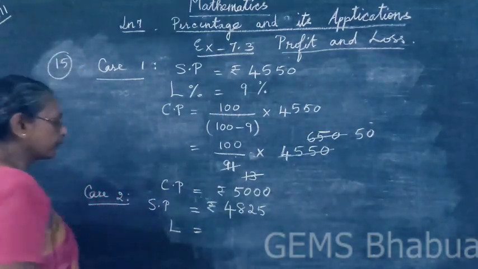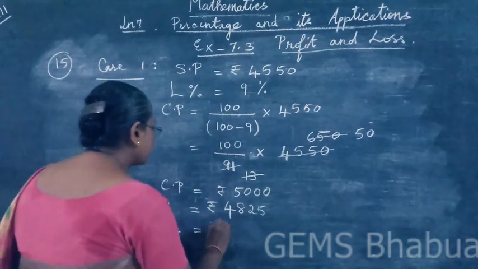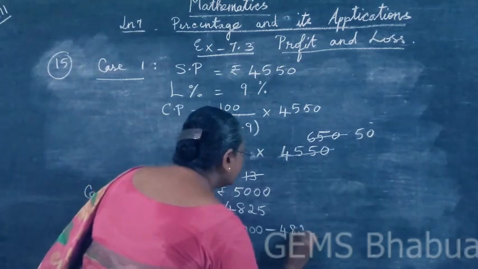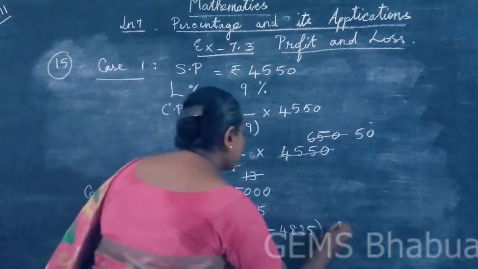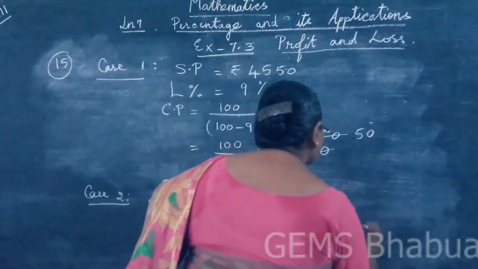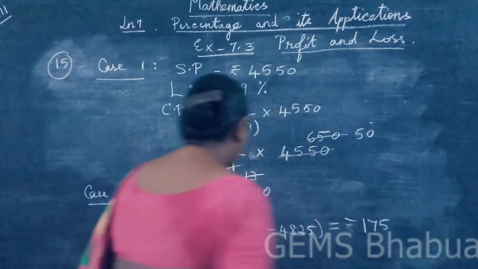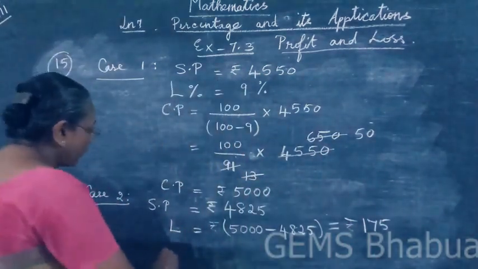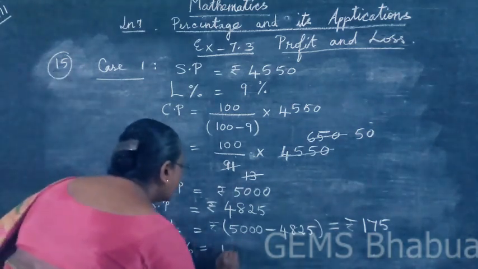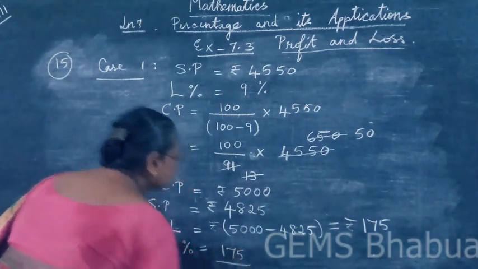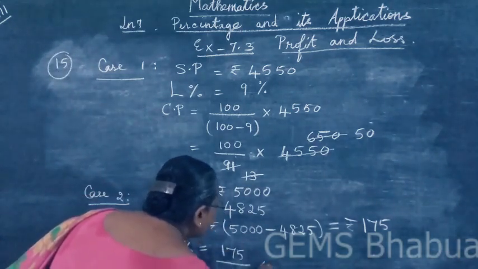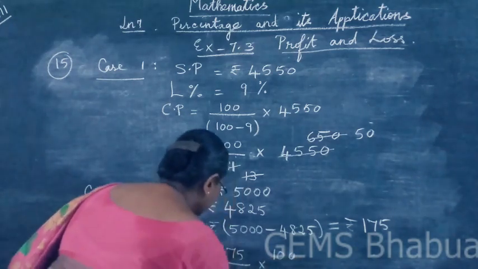So loss is equal to CP minus SP, which will be rupees 5,000 minus 4,825. So when you subtract you get rupees 175. Now after this we can find the loss percentage, which is loss by CP. Loss is 175, CP is 5,000 multiplied with 100%.